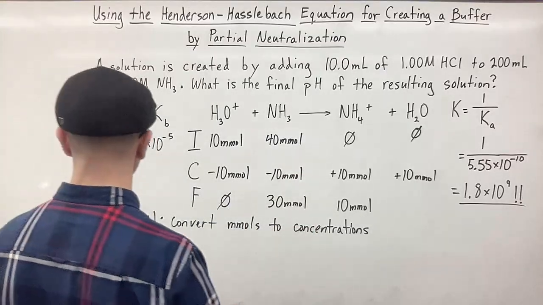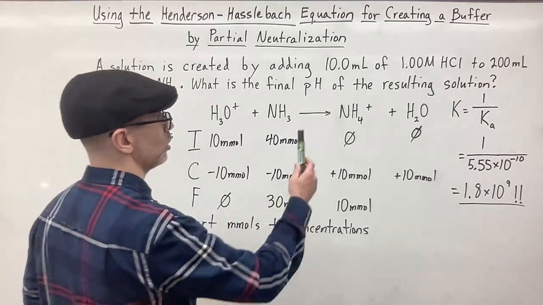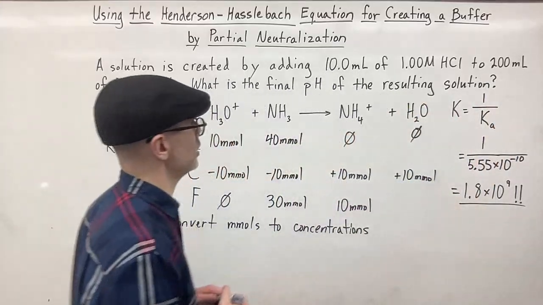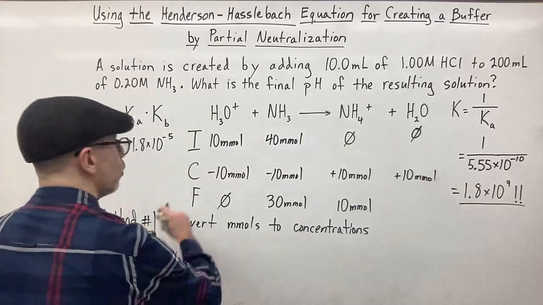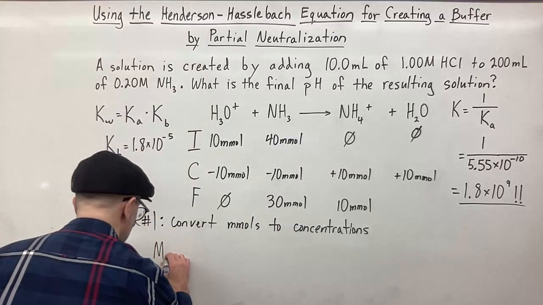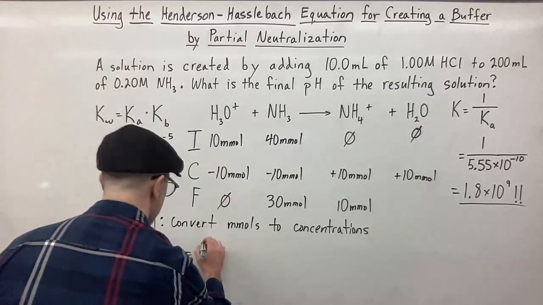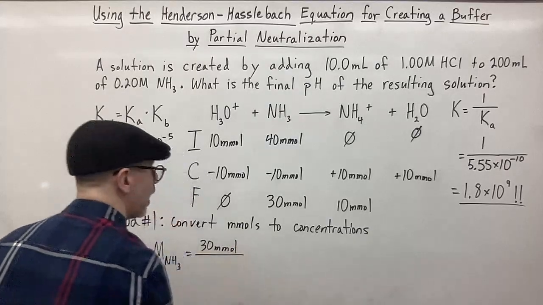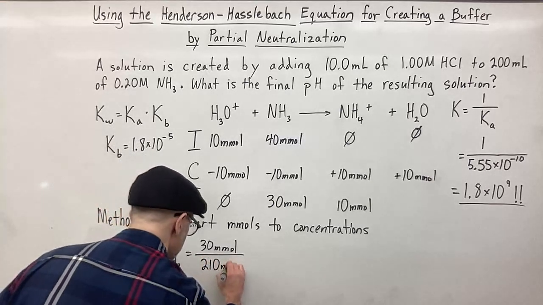So let's go ahead and do that. So we got 30 millimoles. We have the total volume is 10 milliliters plus 200. So that's going to be 210 milliliters. So you take the millimoles. So we'll do the base first. So the molarity of NH3 is going to be equal to 30 millimoles divided by 210 milliliters.